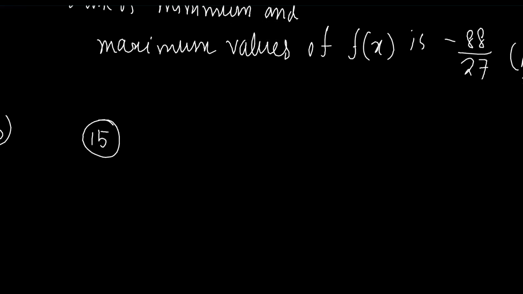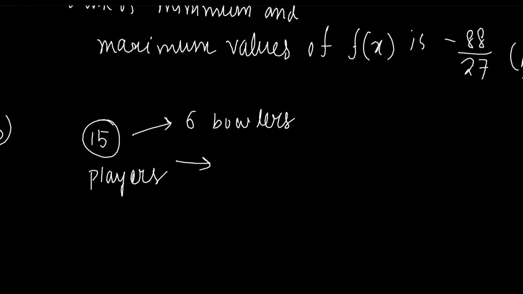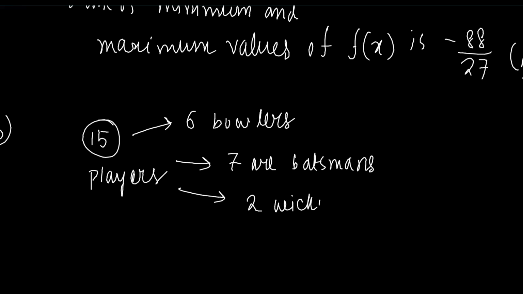So there are actually 15 players. Among these 15 players, 6 are bowlers, 7 are batsmen, and 2 are wicket keepers. Now we have to find the number of ways to form a team of 11 players having at least 4 bowlers.